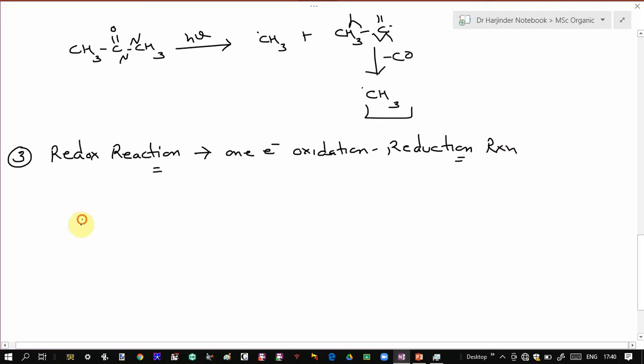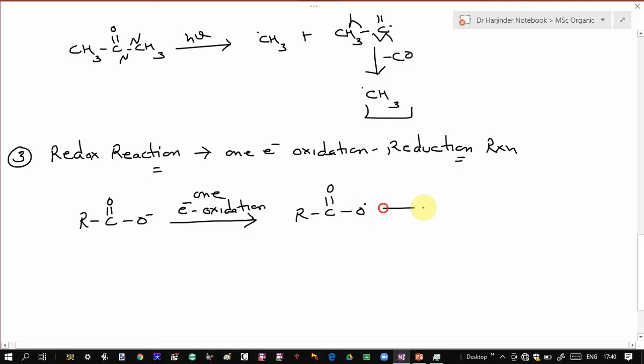For example, if you have a carboxylate ion, this carboxylate ion undergoes a one electron oxidation. That means it loses one electron to give rise to a corresponding radical, which further loses carbon dioxide to give rise to an alkyl radical. So these free radicals can be generated by redox reactions or simply by one electron oxidation reduction reactions.